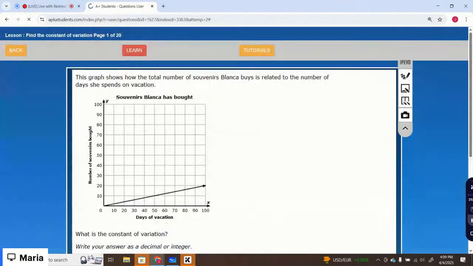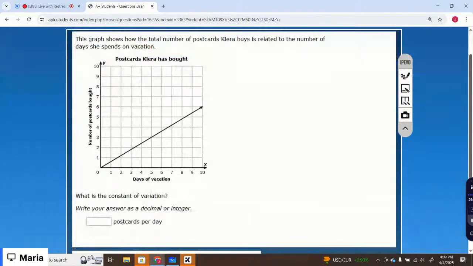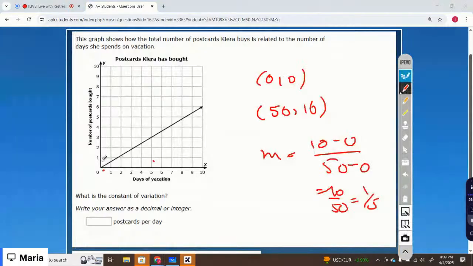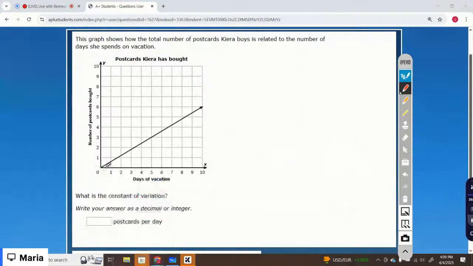Okay, the next one is, this graph shows how the total number of postcards Kira buys is related to the days spent on vacation. What is the constant of variation? So just select any 2 points and calculate the slope by using the formula change in y divided by change in x.